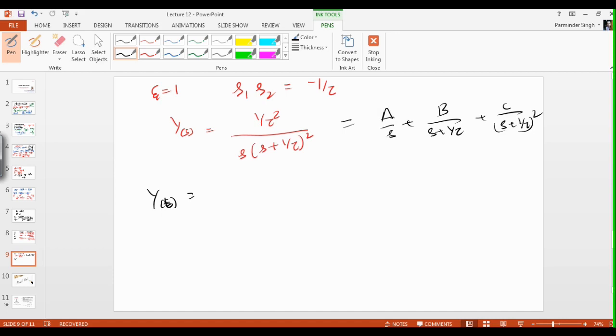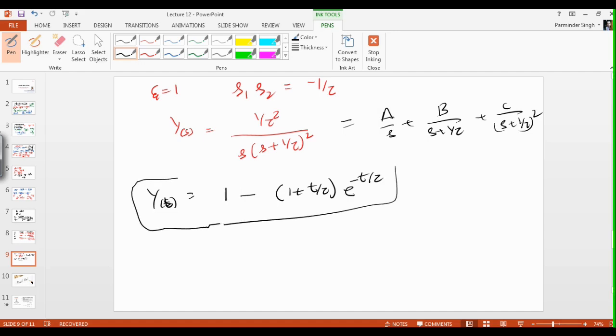Now y(t) over here comes out to be 1 minus (1 plus t by tau) e to the power minus t by tau. So remember this nature of response. This is for the case where zeta is 1. This behavior is basically critically damped and non-oscillatory. I'll explain later on once we plot this.